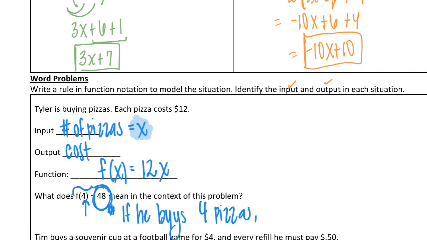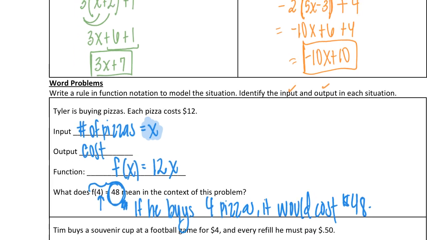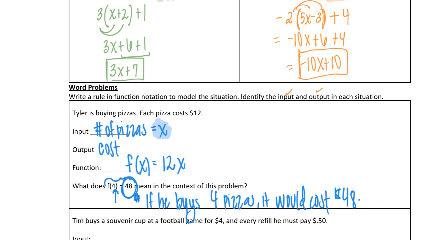Well, it's going to affect his output, which is $48. So if he buys 4 pizzas, it would cost $48. By the way, we can say that this output up here is f of x. So the cost, the output, is going to equal $12 times the input. Let's try it again with the problem beneath here.